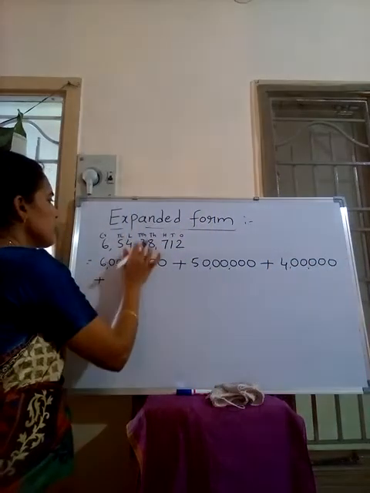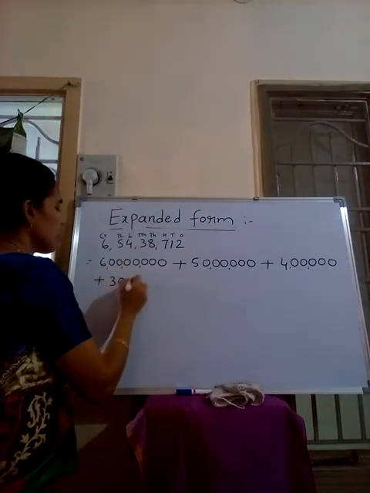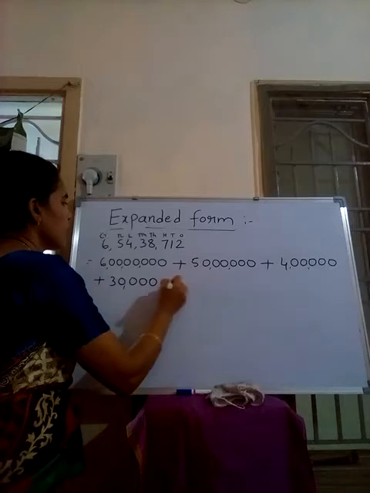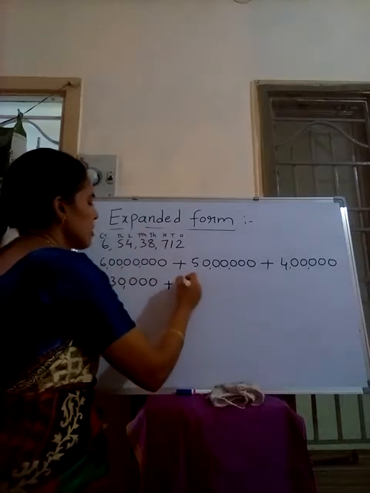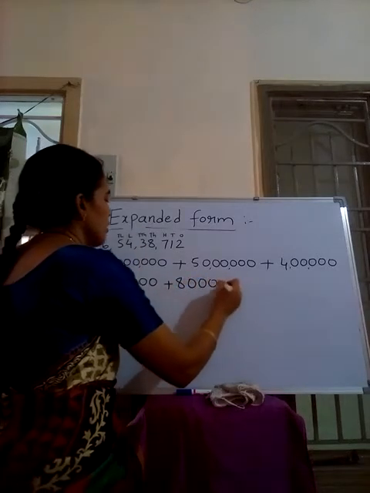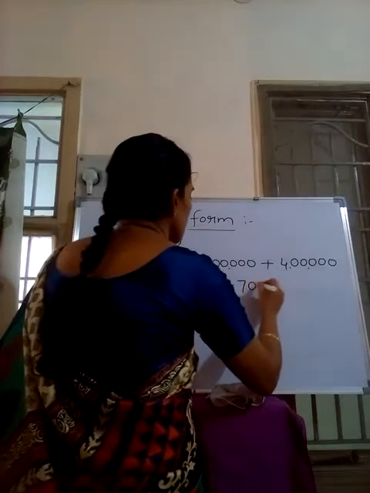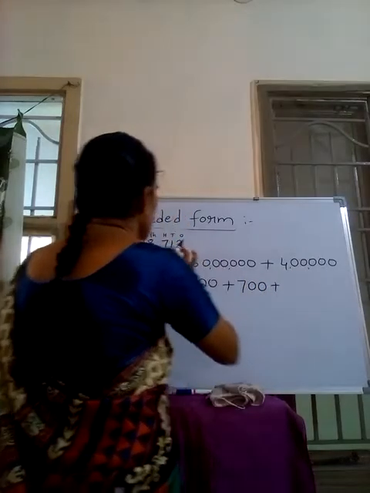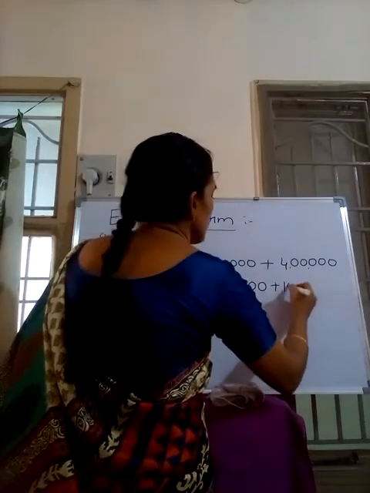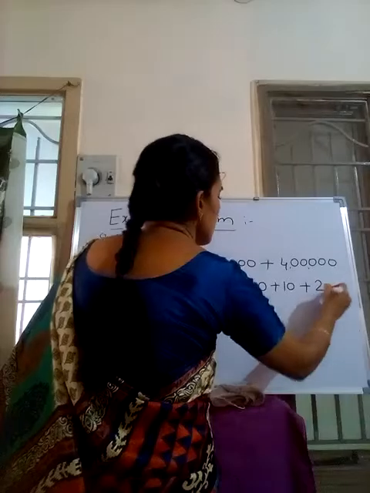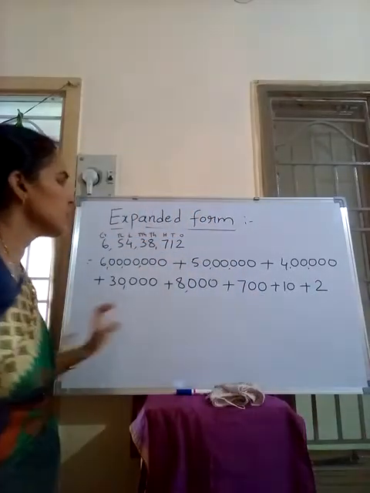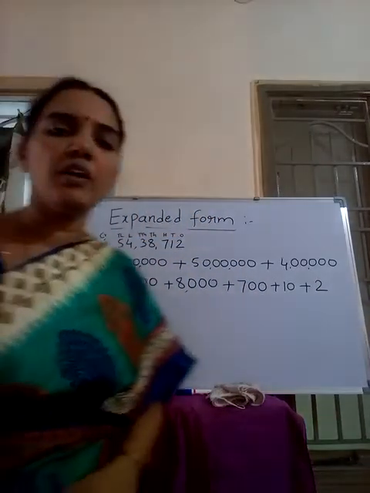Plus 3 is there in 10,000s place, 30,000. 8 in thousands place, 8,000. 7 in hundreds place, 700. Plus 1 in tens place, 10. Plus 2 in ones place, 2. This is how we write the expanded form.